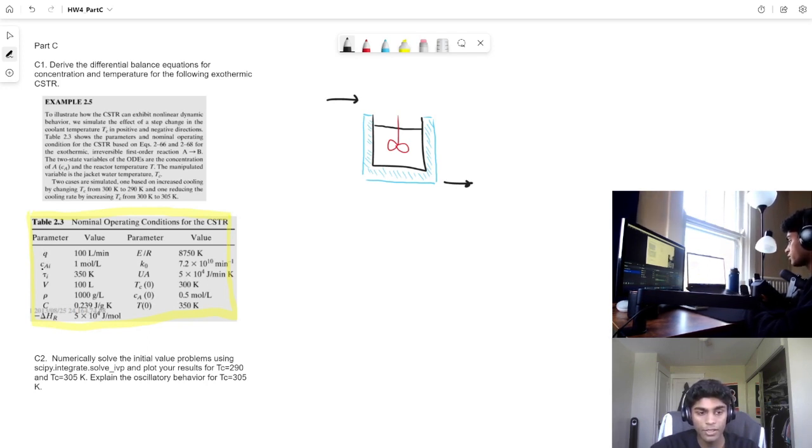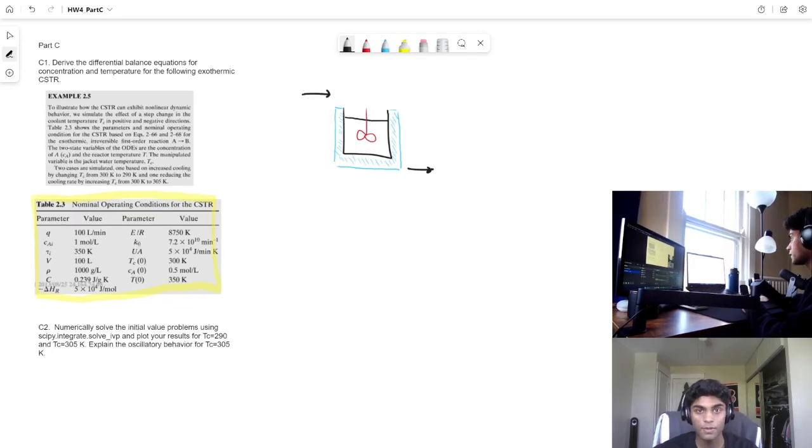We have this initial concentration of the material going in. We have this initial temperature value here, and we have a few other things that we can use to complete part one, which is to derive the differential balance equations for the concentration and temperature for an exothermic continuous stirred tank reactor.